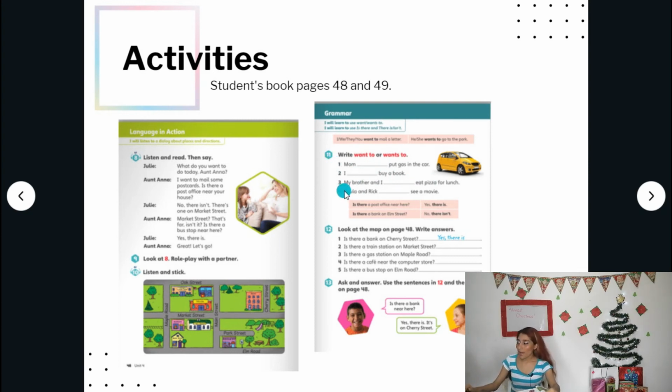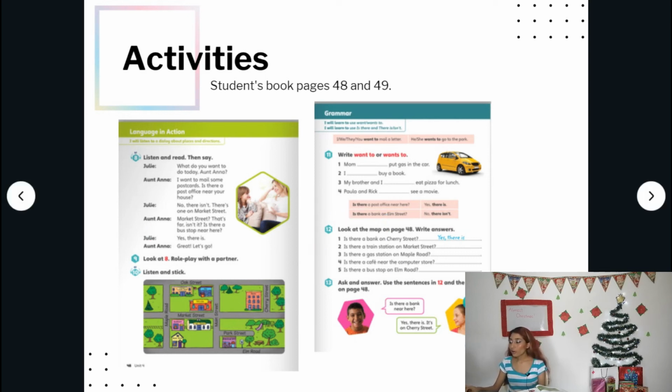Number 2, I, blank, buy a book. Number 3, my brother and I, blank, eat pizza for lunch. Number 4, Paula and Rick, blank, see a movie. And that's it. So, right now, we're going to skip and go to activity 12.